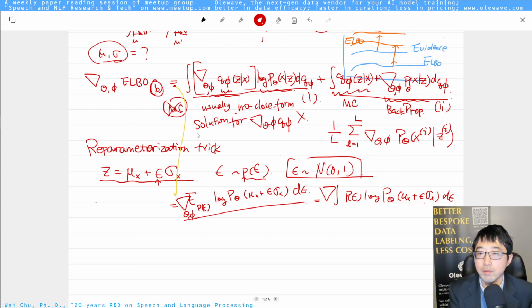this time you just do the derivative on the theta, right? It's not phi, it doesn't matter. Then you can keep writing this. You can do the Monte Carlo sampling now, right? Because there's no derivative on the distribution, you can just move the derivative inside.